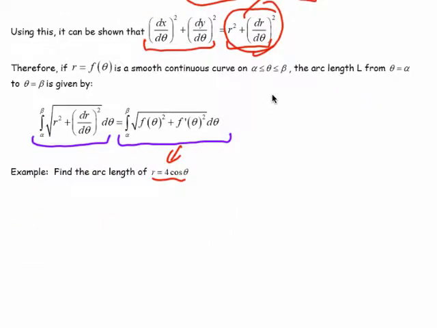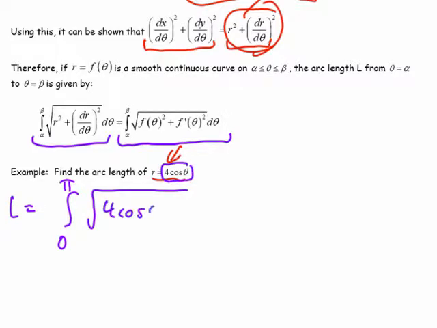So applying our formula, the length of our arc is going to be from 0 to pi, the square root of r squared, which is this formula, plus the derivative of r with respect to theta.